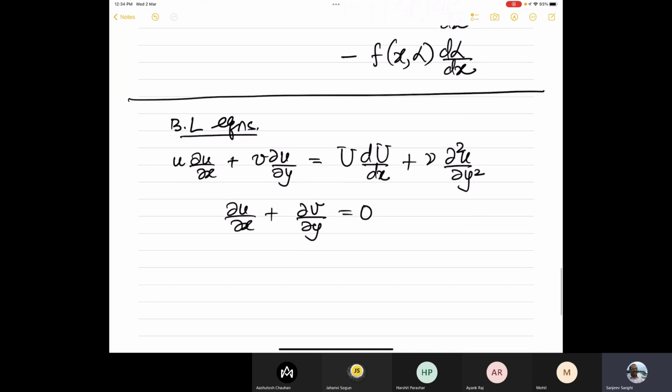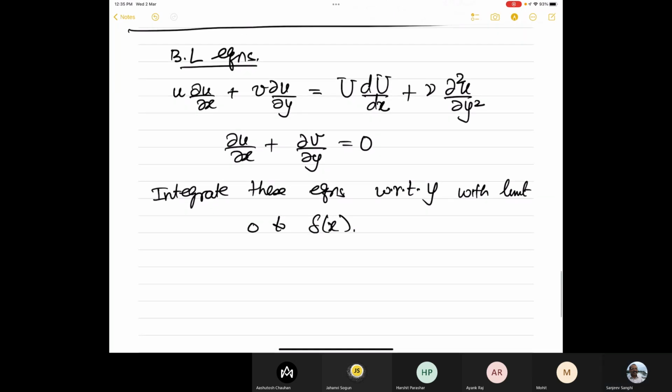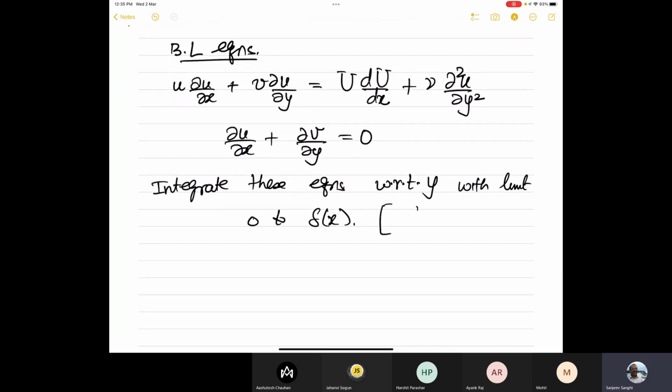Now what we do is we integrate these equations with respect to y with limits 0 to delta. That means integration from 0 to delta of this whole equation dy. So we'll integrate both sides, whatever is the left hand side, and we integrate these equations.